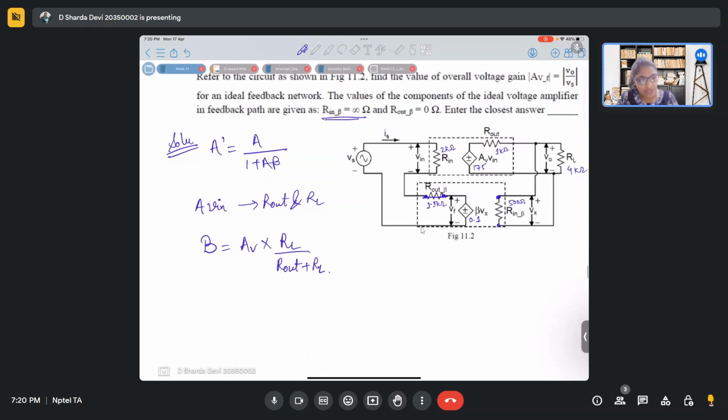And due to this closed loop, the actual gain that we will get is B upon 1 plus B into beta.